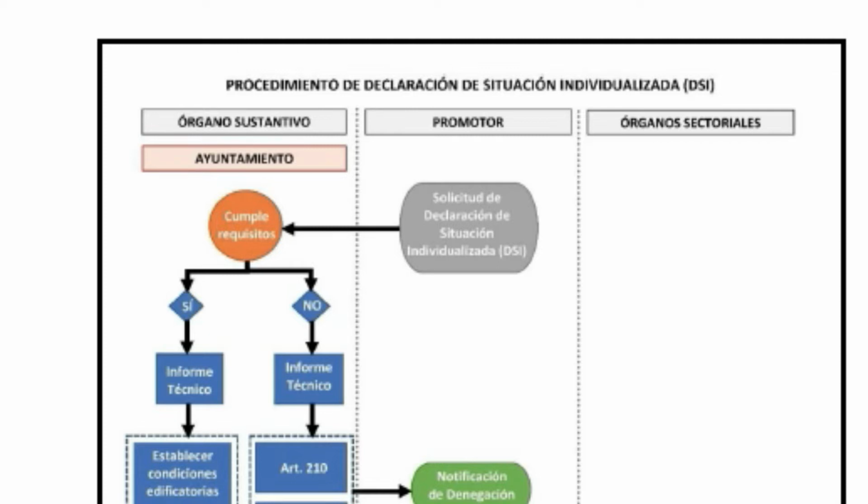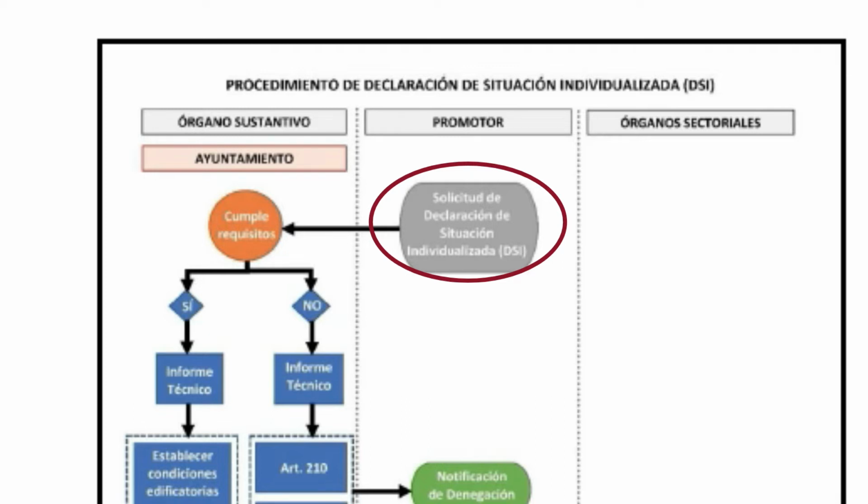Moving over, we have promotor. Promotor is whoever's requesting whatever it is that is being requested to be done. So in this case, it's the request. Well, actually, there are two things which are being requested here. The first step is the declaration. The first set of procedures and workflow is not for the request of the license, it's for the request of the declaration to be accepted.